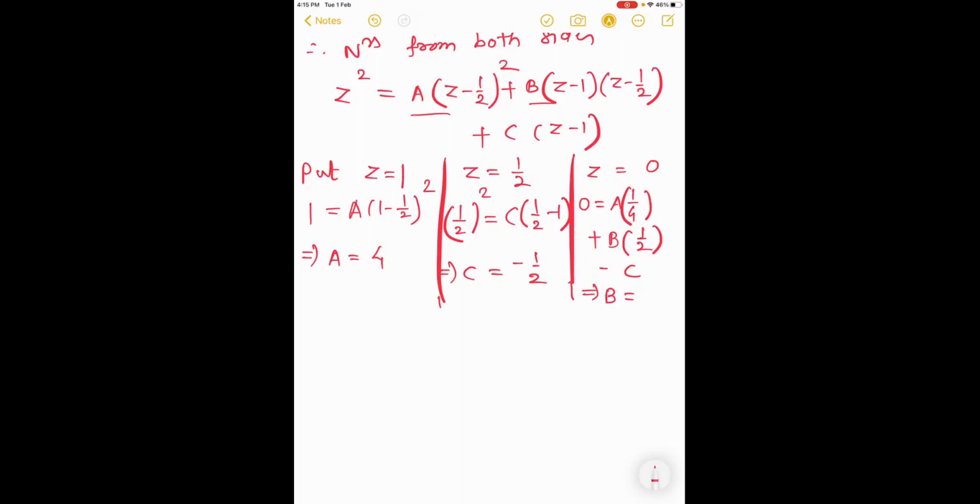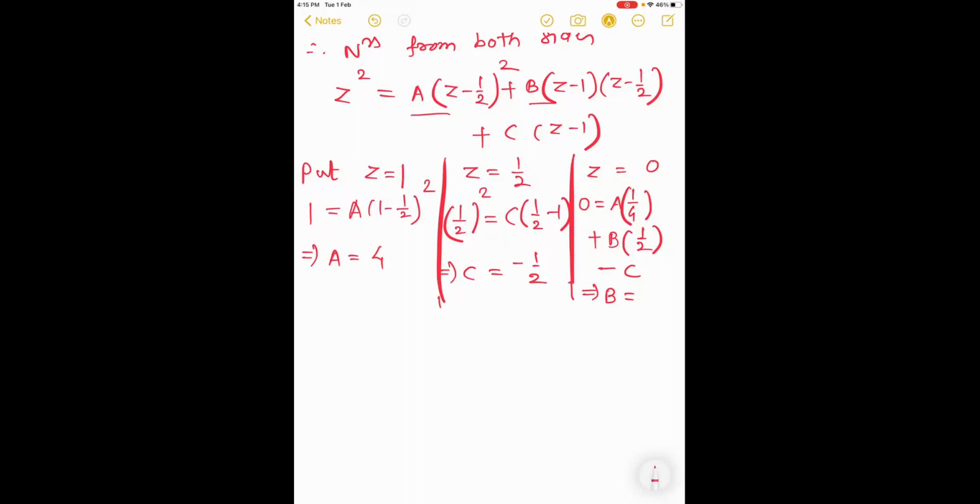Minus 1? Check it again. See, A into 1 by 4 plus B into half minus C. Now C is minus half, so it will be plus 1 by 2.